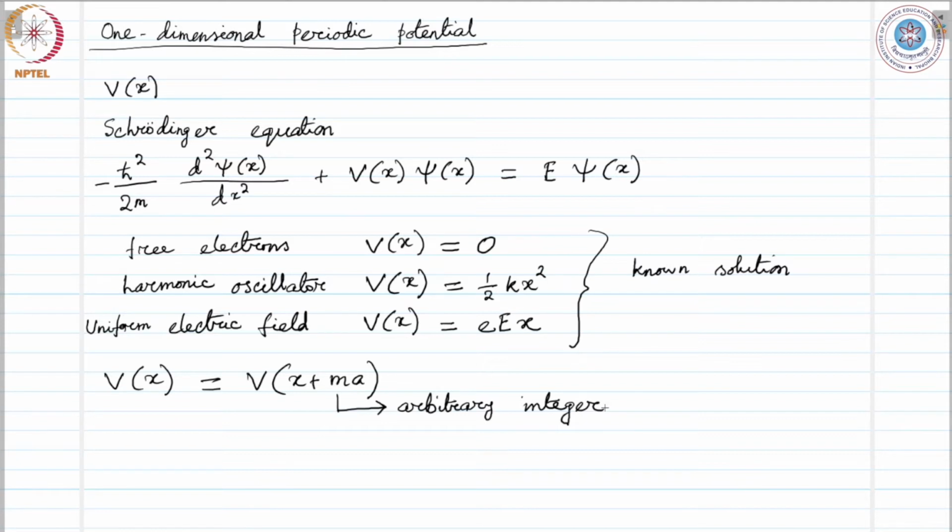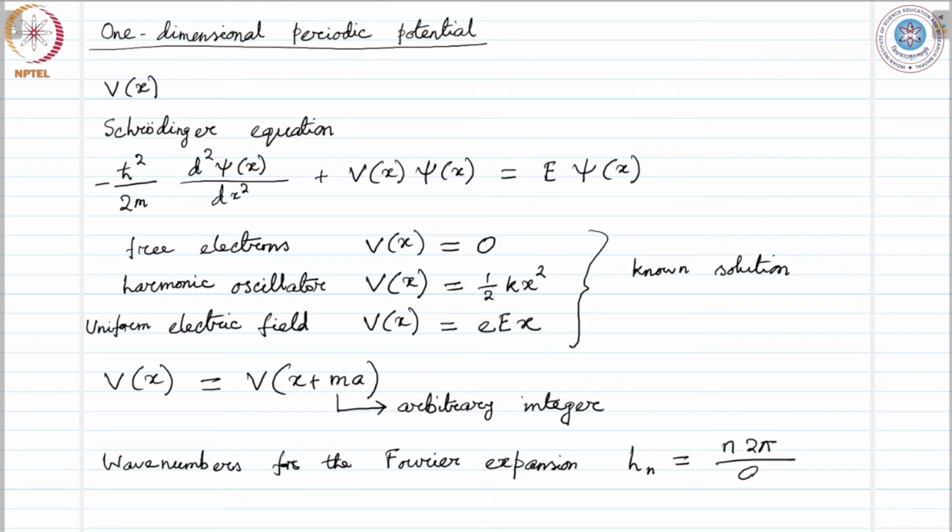So the Fourier transform of a periodic potential V(x) can include only plane waves, and the wave numbers for the Fourier expansion can be given as h_n equals n times twice pi over a.